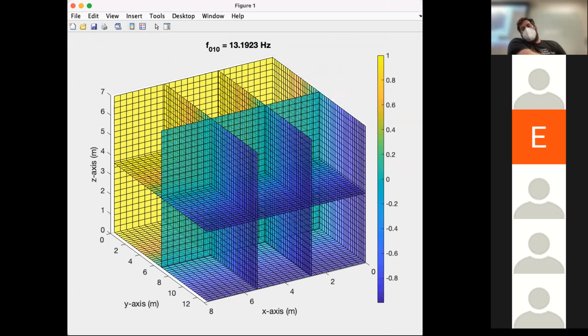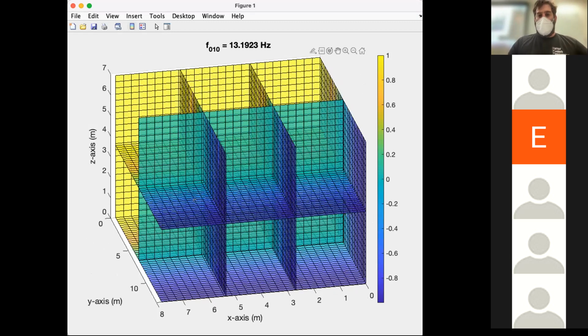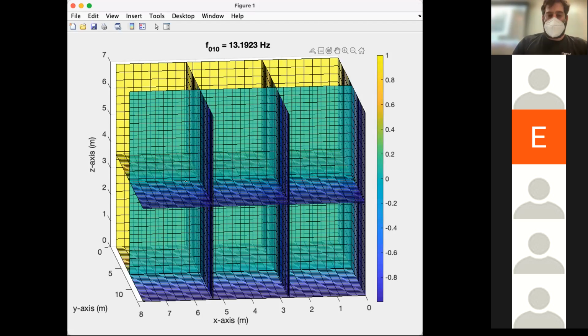So in this scenario, I think it's the y dimension. It's 0, 1, 0, right? So it's the y dimension where there's actually a wave. There's not a wave in x or z, and that's that plane of constant pressure, this green thing here.